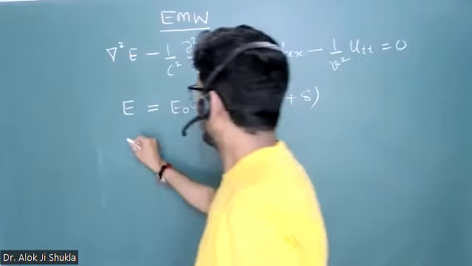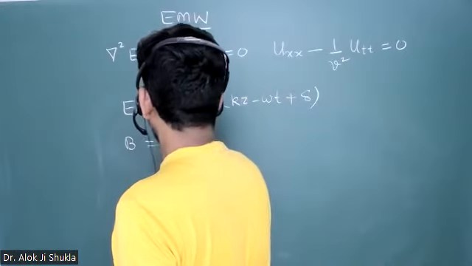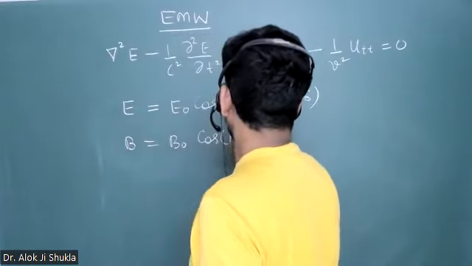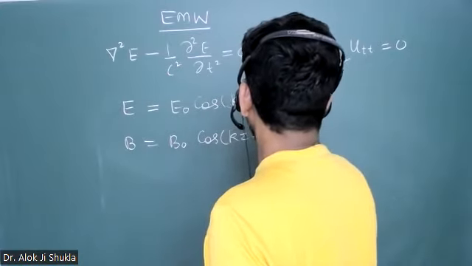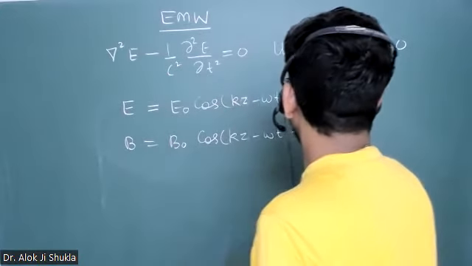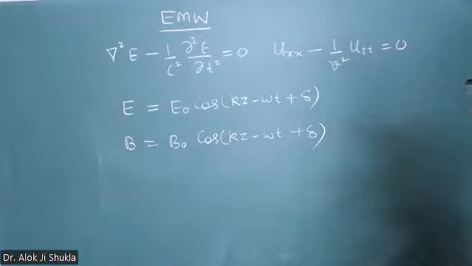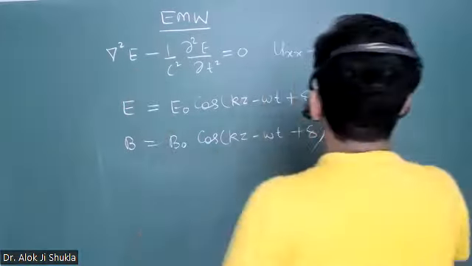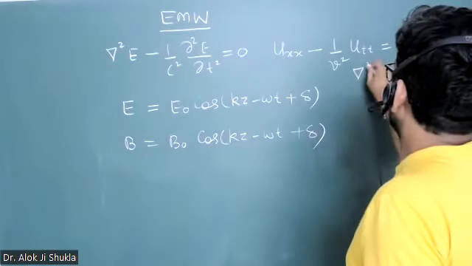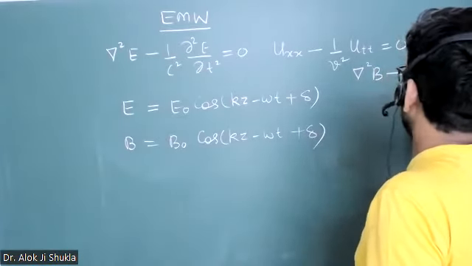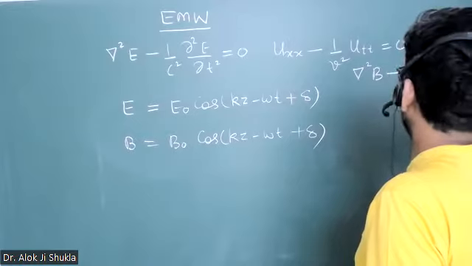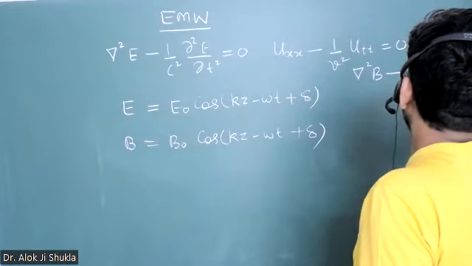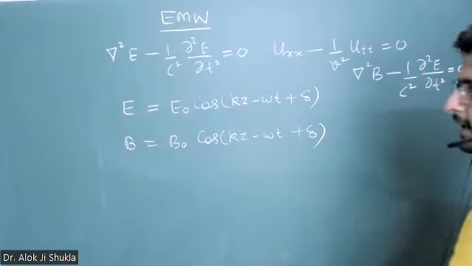And if I write the profile of B, it will be B naught cos of kz minus omega t plus delta. This will be the magnetic field profile, because we will have the same equation for the magnetic field. If you remember, del square B minus 1 by c square del 2 B by del t square is equal to 0.